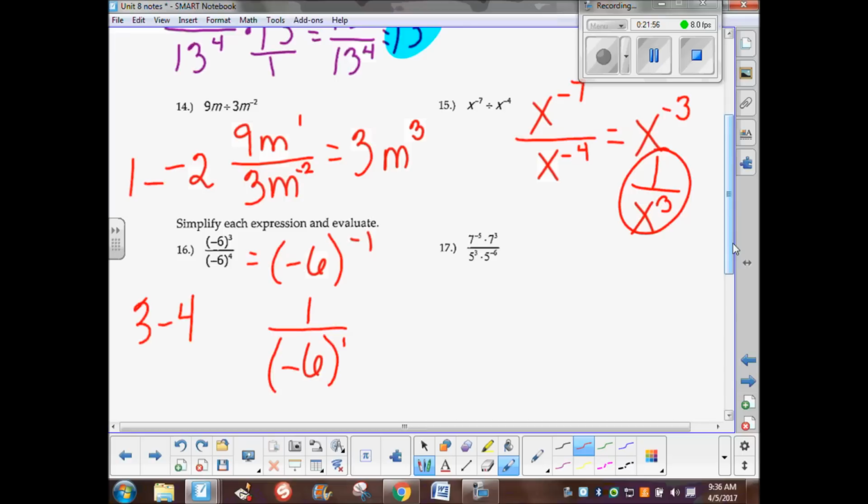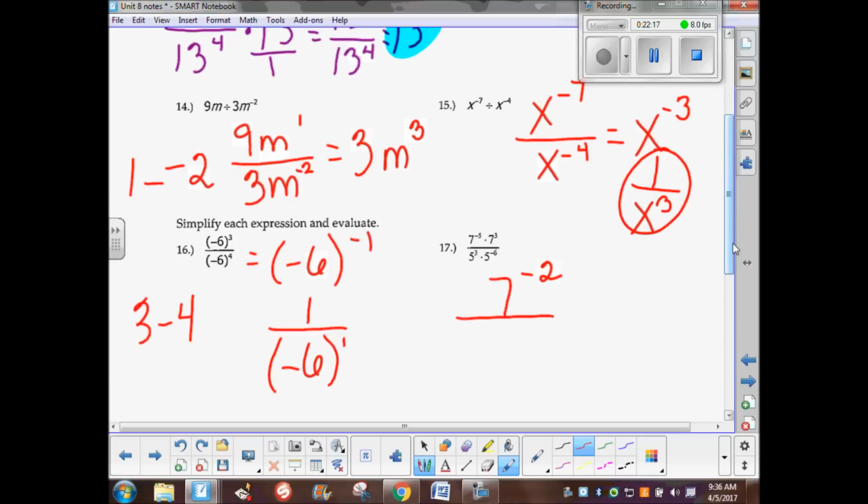Okay. All right. Last one, 17. Numerator. Ethan. Yes. 7 to the negative 2.